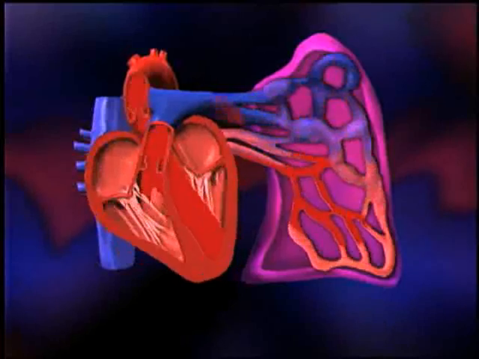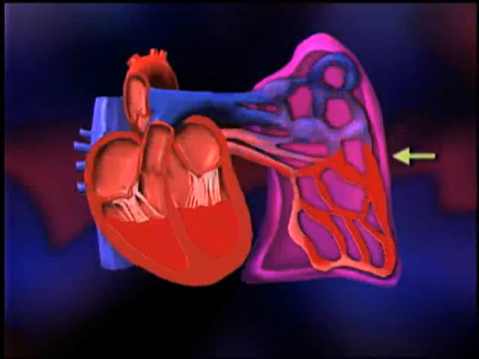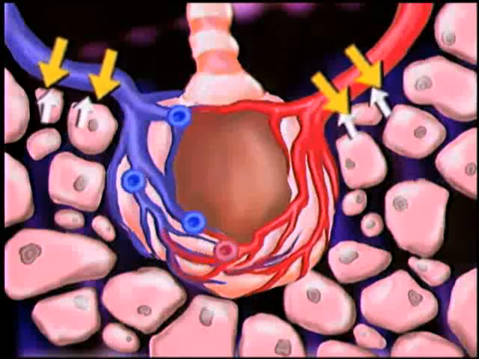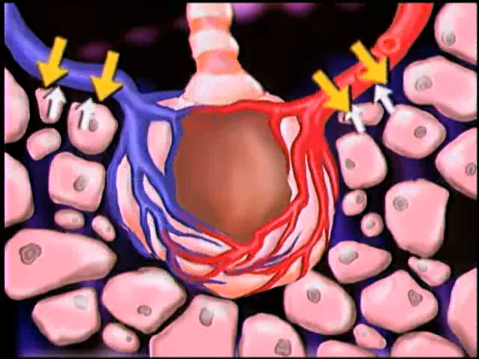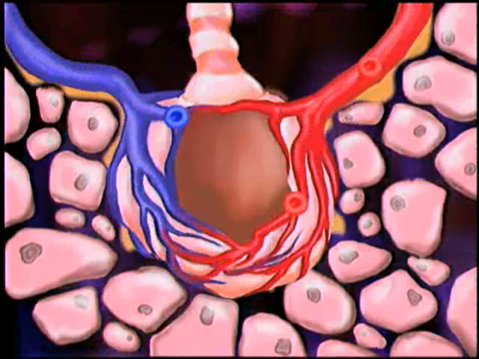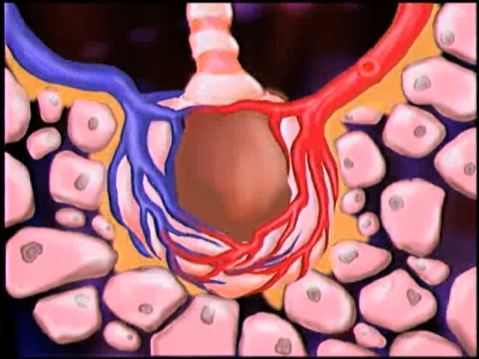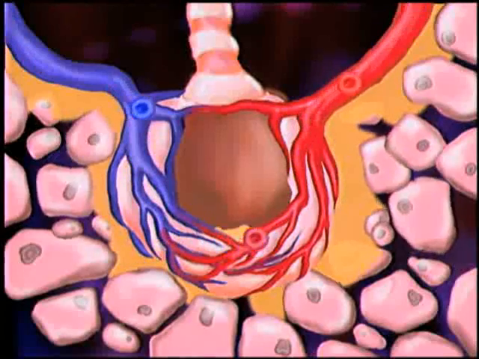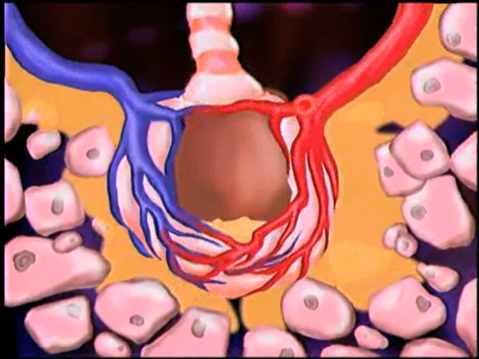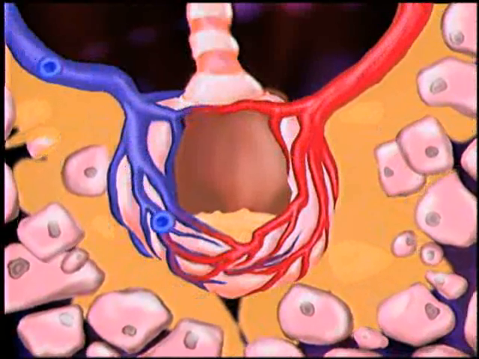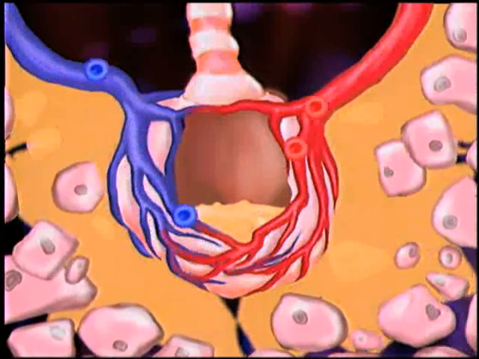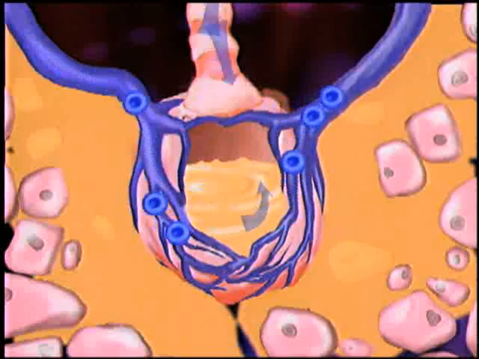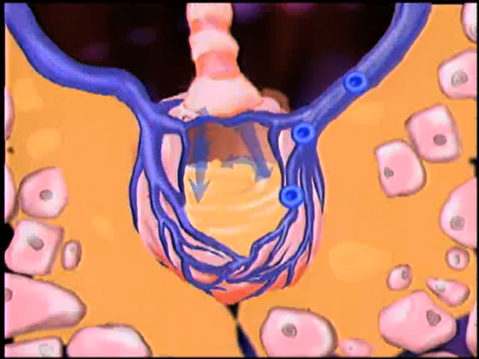As blood backs up into the left atrium and pulmonary vessels, high pulmonary capillary pressure causes fluid to leak into the interstitial space. Eventually, interstitial hydrostatic pressure forces interstitial fluid into the alveoli. With each inhalation, air enters the fluid-filled alveoli, producing crackles and dyspnea.